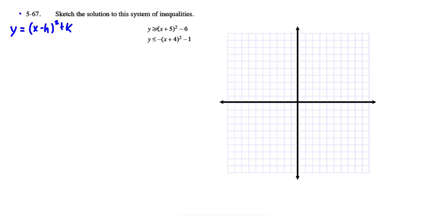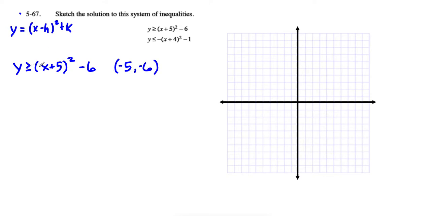So our vertex point for the first one, y is greater than or equal to the quantity of x plus 5 squared minus 6, is going to be located at -5, -6.